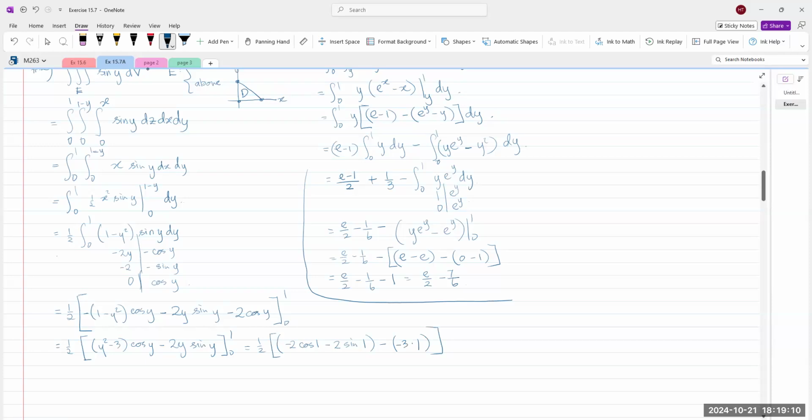That's what I have. Okay, so that is negative cosine 1 minus sine 1 plus 3.